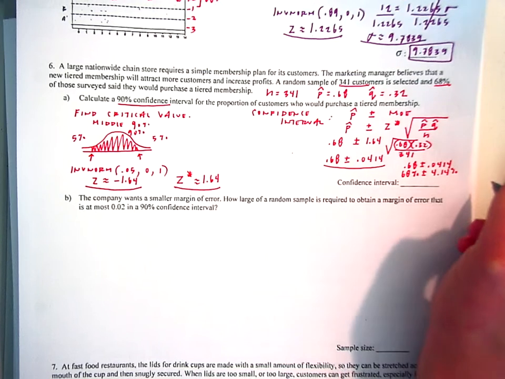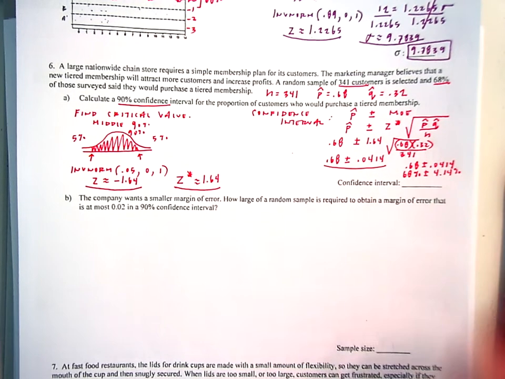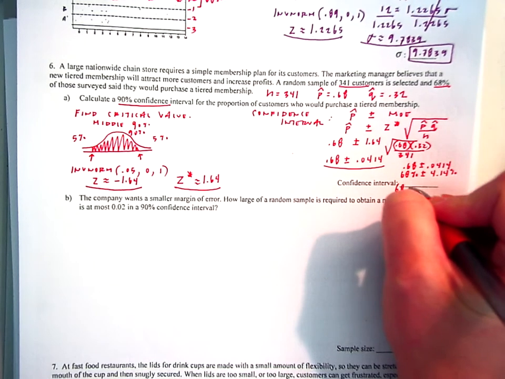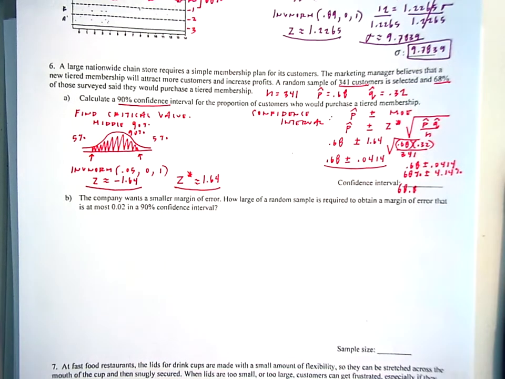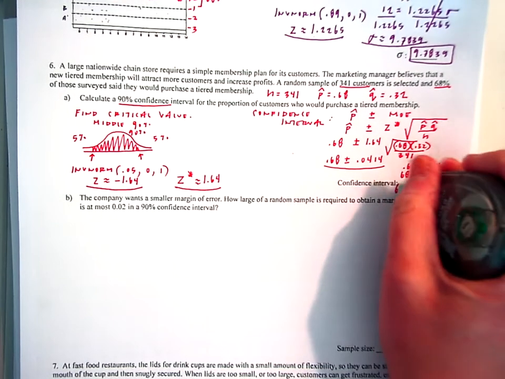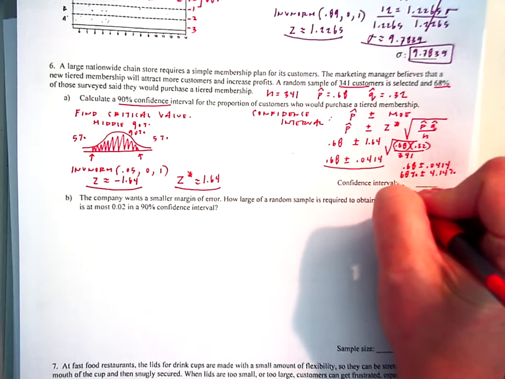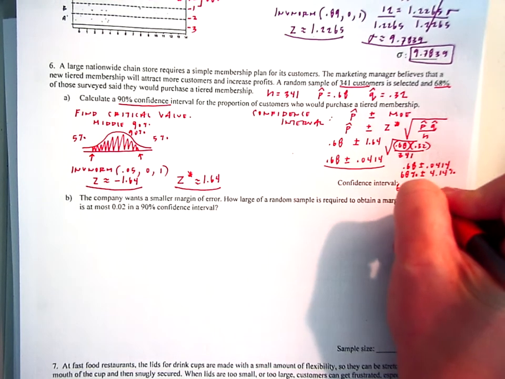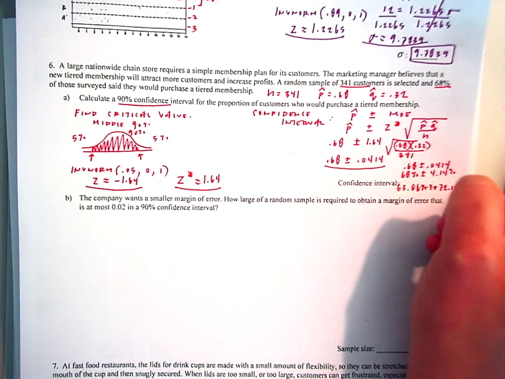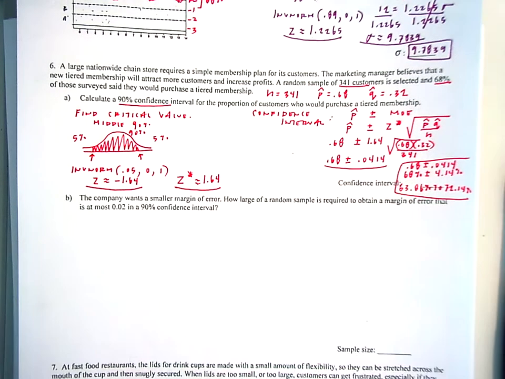Or if I actually take the 68 and add and subtract this, I could build my window as 63.86% to 72.14%. All of those would be fine with me.